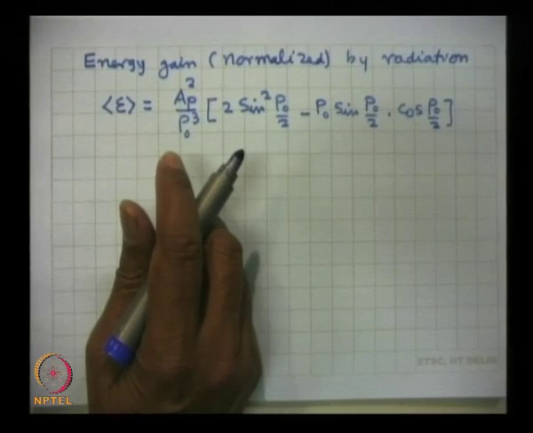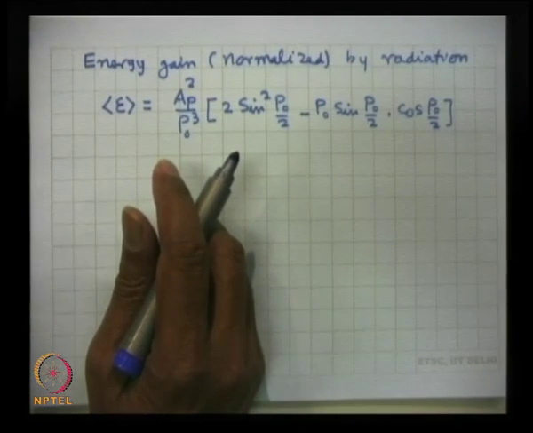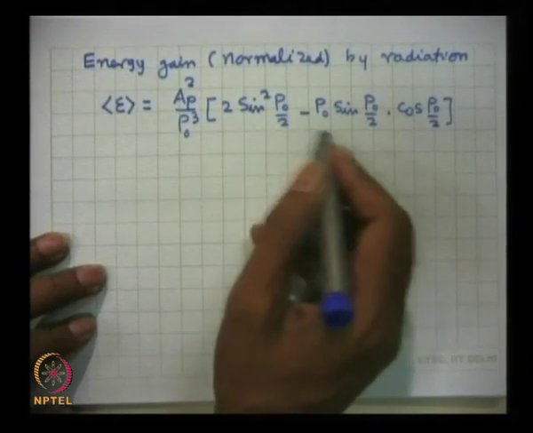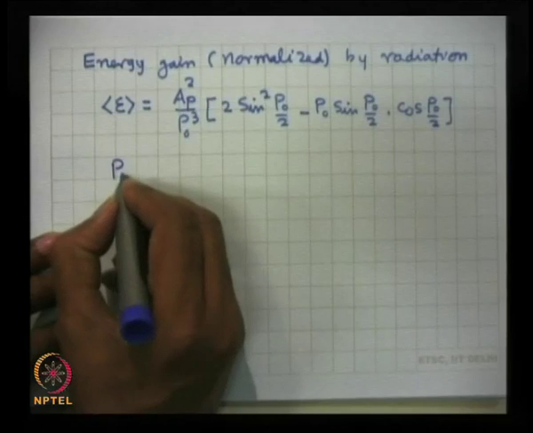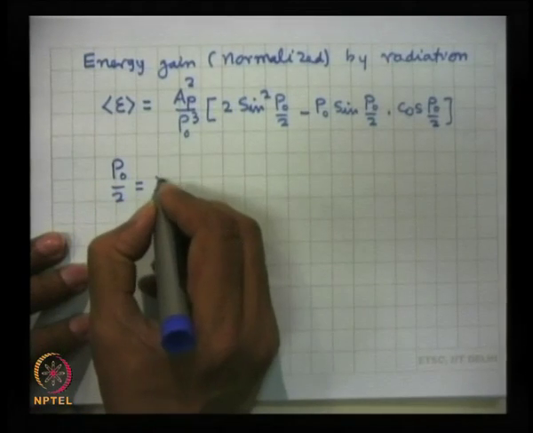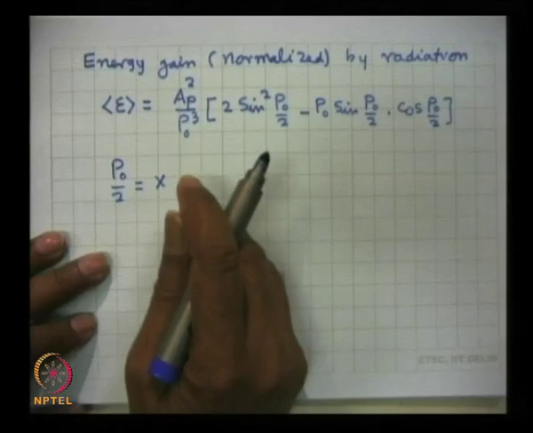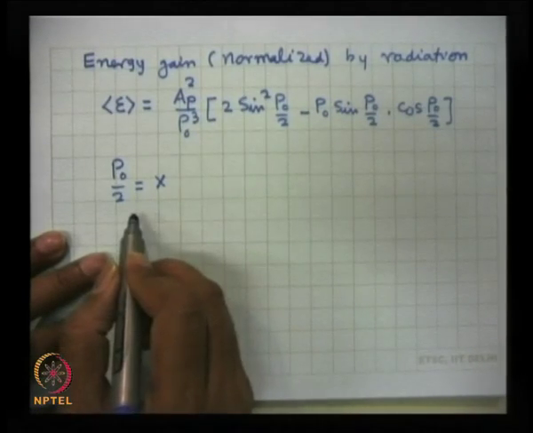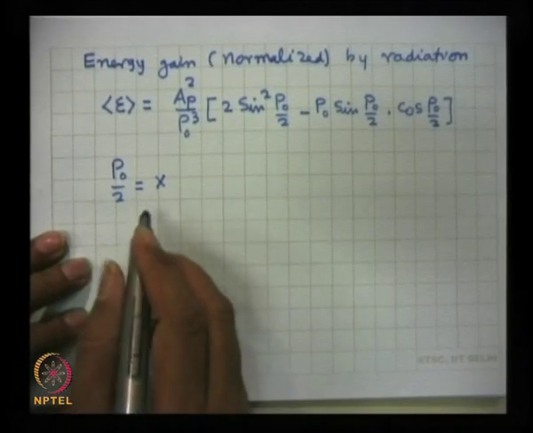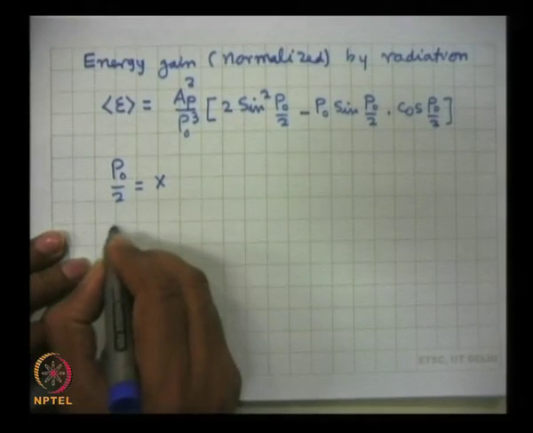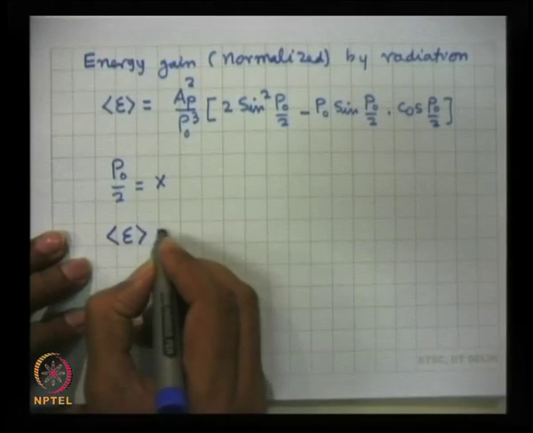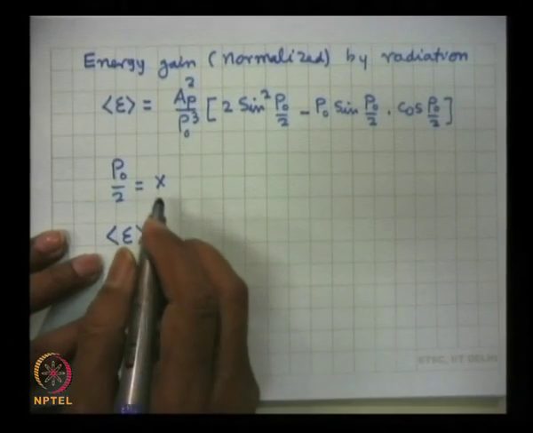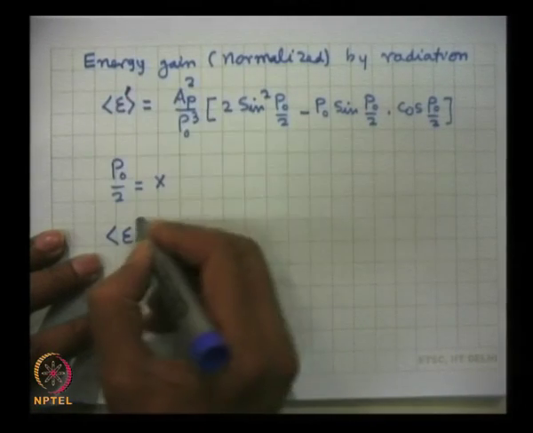And the interesting thing is that this quantity can be expressed in a compact form if I define P0 by 2 as x. Suppose I define a quantity x like P0 by 2, then the energy gain turns out to be equal to, actually this is normalized energy gain, so let me put a prime somewhere because it is a normalized quantity.